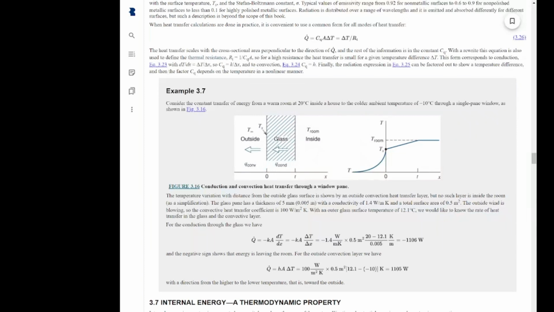Remember, if it's a change in temperature in C, it's essentially the same: delta C is the same as delta K. The direction of this is from the higher to the lower temperature, that is, towards the outside. So it shows you how to apply those two equations with the given values.